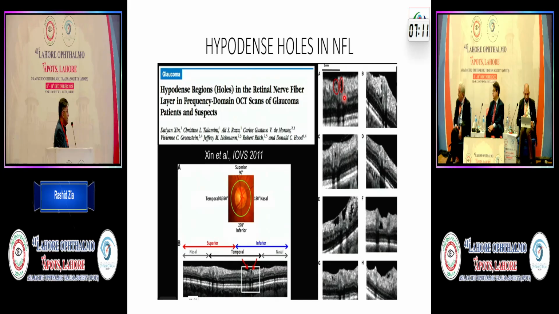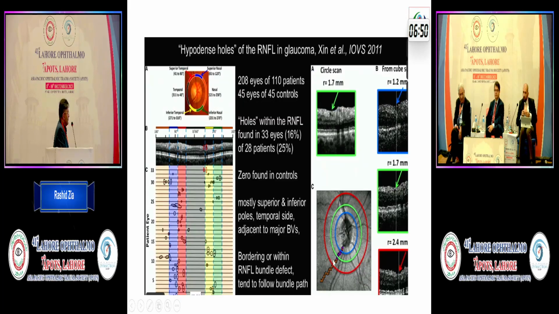If you look closely, there's no nerve fiber layer left in that area, but the nerve fiber layer thickness is still within normal bounds. So those people who depend on the traffic lights of the OCT may be mistaken, whereas this person has significantly advanced glaucoma.